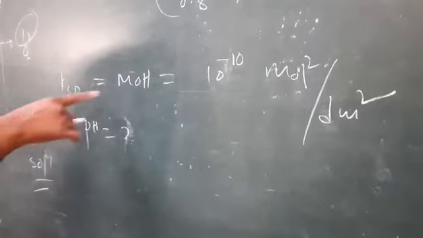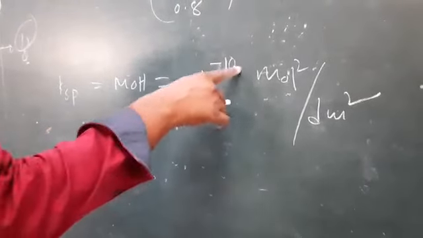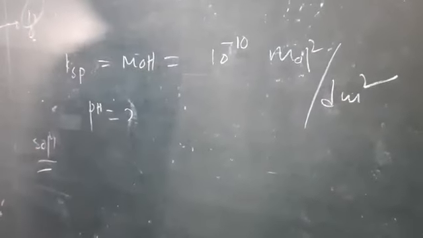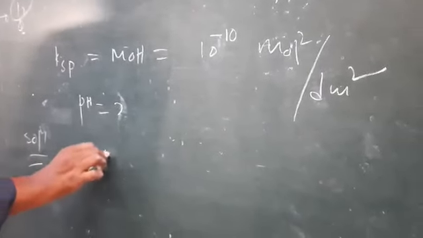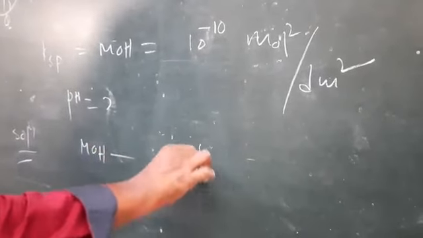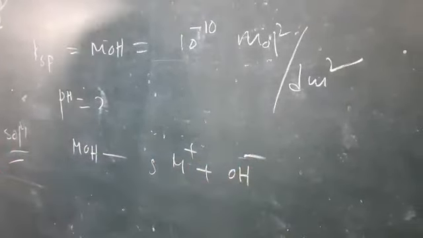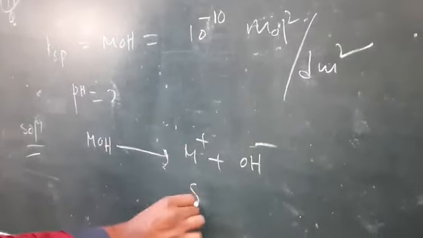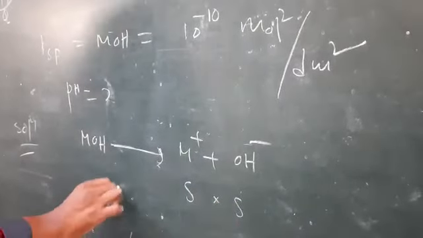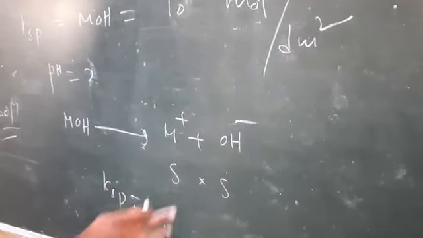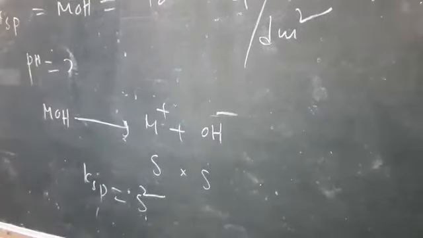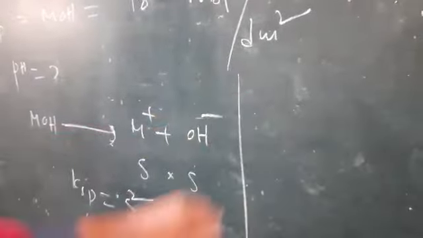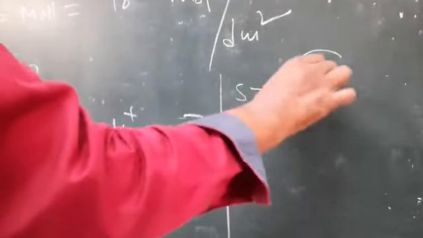The solubility product Ksp of MOH is 10 power minus 10 mole square per liter square. Then what is the pH of the solution? You know that if MOH splits, it gives M plus and OH minus. If this term is S, this term is also S. Now Ksp equals S into S, so S equals root Ksp.